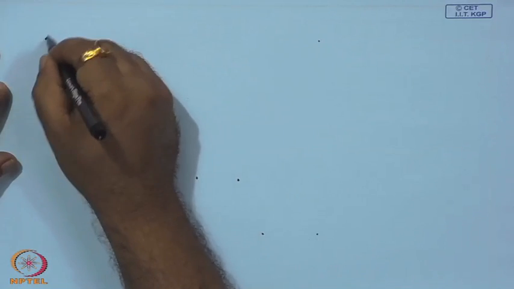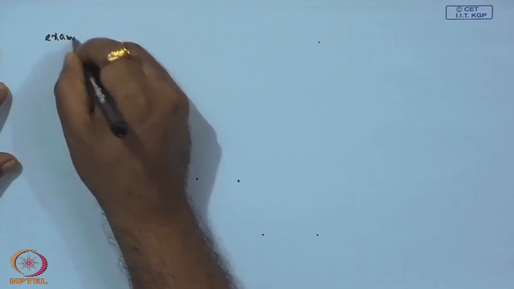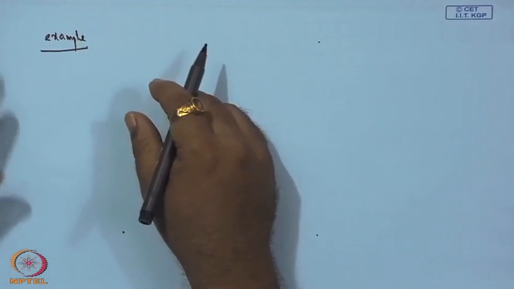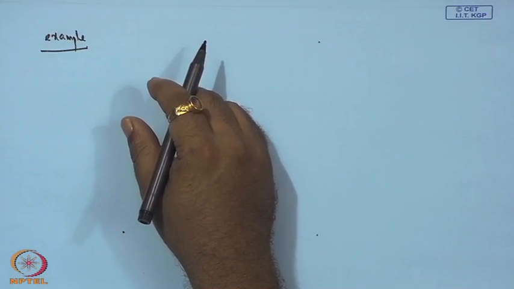But still we have not got an exact idea of what the characteristic curves are and how the solution is related to them. So, let us try to understand with respect to some examples. So, let us discuss some examples. This is first order.